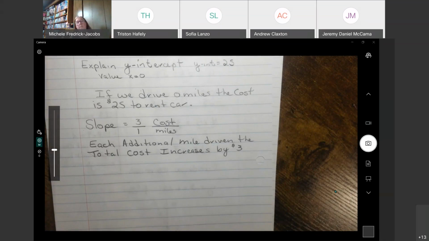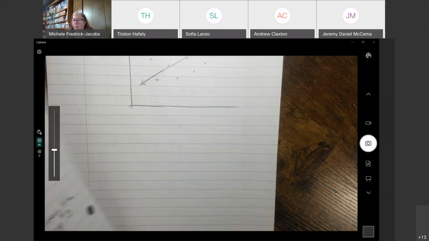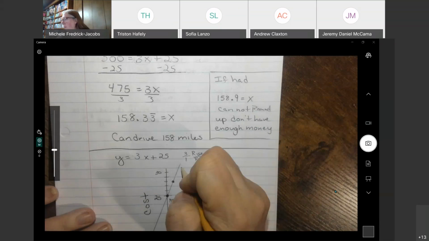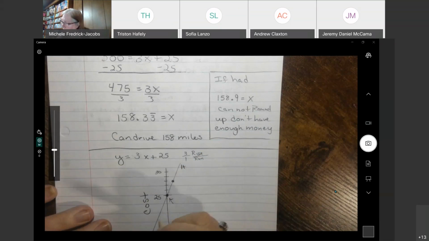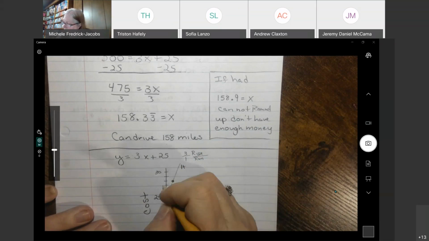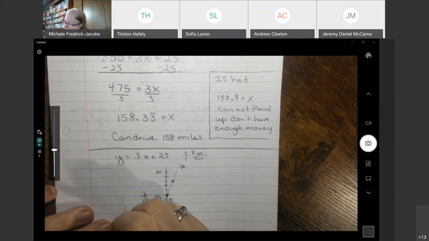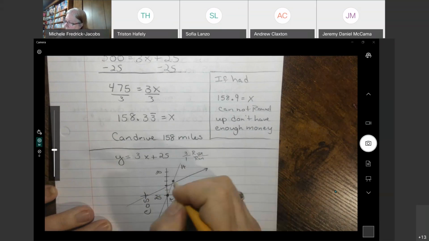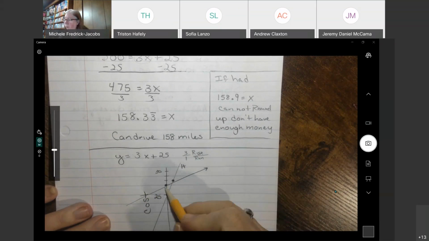So basically, the graph just explains what the data said. Yes. All right. It shows a visual representation of what the actual data means. Yeah, and it shows you how fast it's growing. A lot of times the graph is better to compare with other companies. Maybe this was Hertz, and then we had another company that maybe the initial fee started higher, but then the mile rate was lower.